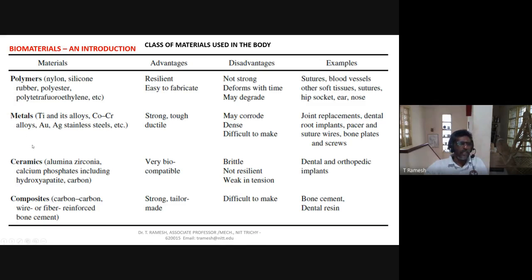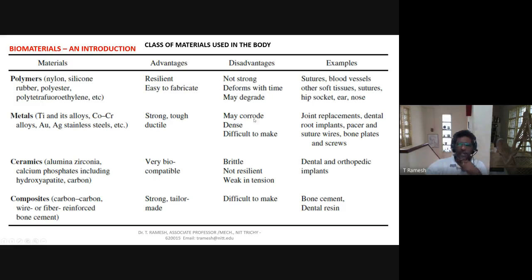materials like metals. And the ceramics, like alumina, zirconia, calcium phosphates, carbon, etc. All those things are already used. When you see the advantages of such ceramics, they are very biocompatible. Compatibility of the ceramics is very, very good.